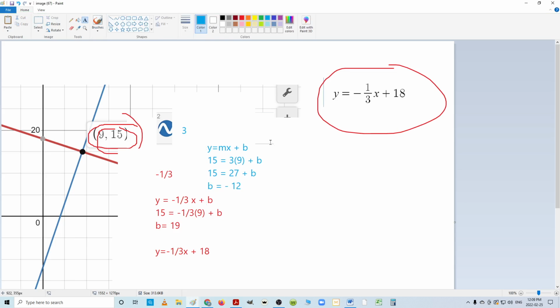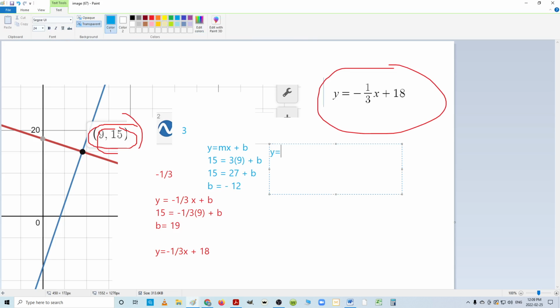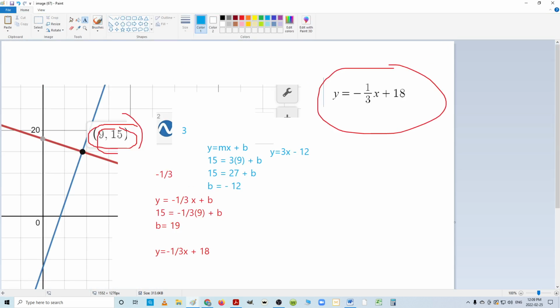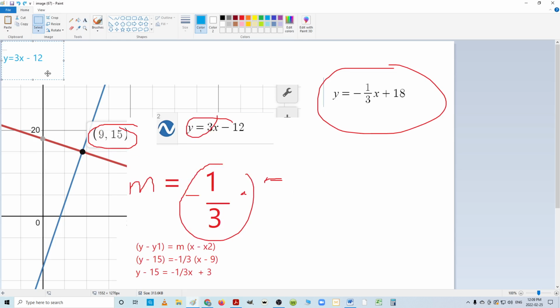Therefore, the formula for this blue line is y is equal to 3x minus 12. Let's remember that, so I'm going to make a copy. That's the formula of the blue line. Sure enough, look at that.